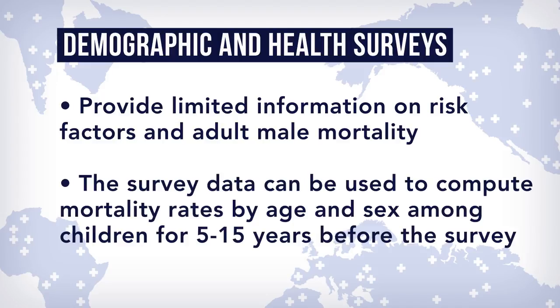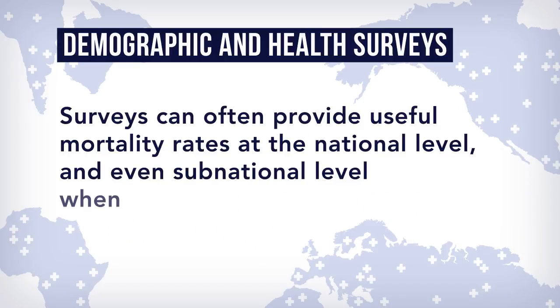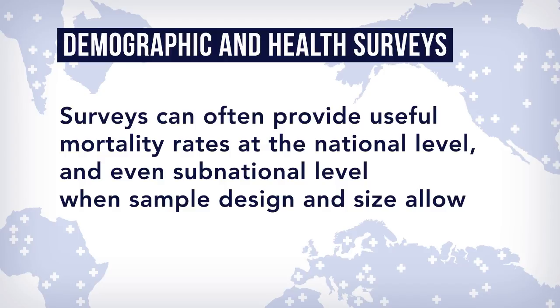This kind of information can then be used to directly compute mortality rates by age and sex among children for at least 5 to 15 years before the survey. By the more in-depth nature of such inquiries, surveys can often provide very useful mortality rates at the national level, and even subnational level when sample design and size allow.